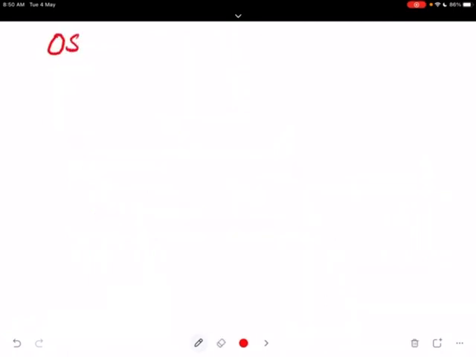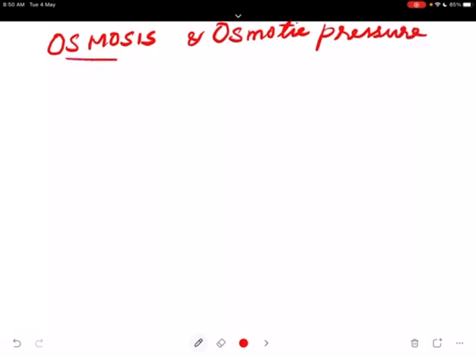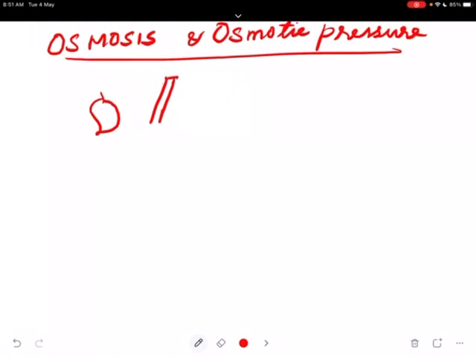Now let's come to osmosis and osmotic pressure. Raw mangoes, when kept in brine, with the skin acting as a semi-permeable membrane.